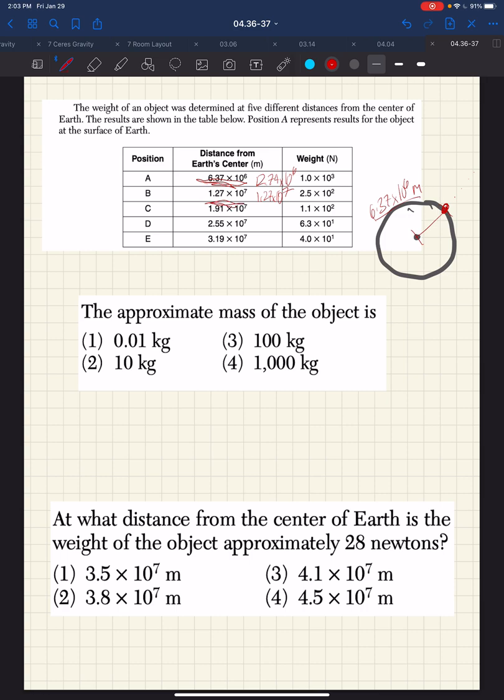That's right here, so that is at a second distance. And for a third, we would add another 637, so 1.90 times 10 to the 7th. That is the third distance.